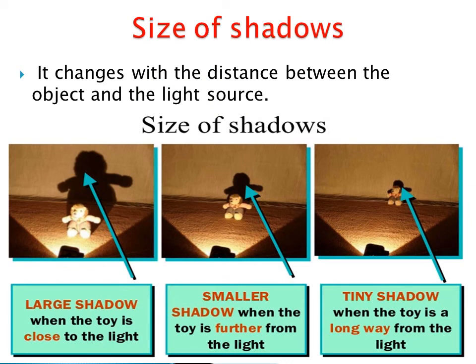When I put it close to the light, the shadow will be very large. When I put it further away from the light, it will be a smaller shadow. And when you put it very far away from the light, it will be a very tiny shadow.